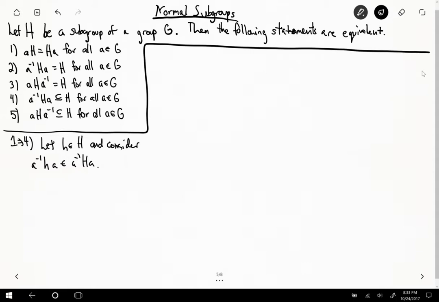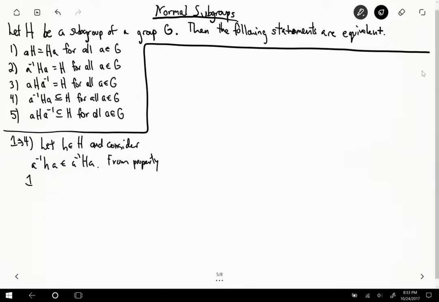Now, since property 1 holds, what do we know?